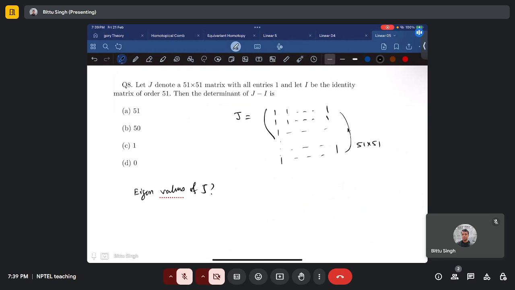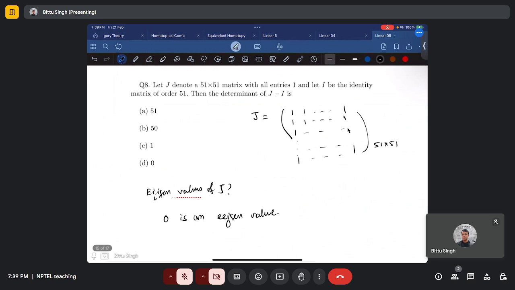Instead of finding the eigenvalues, what we can do, okay, let us see. Certainly 0 is an eigenvalue whose multiplicity will be 50.